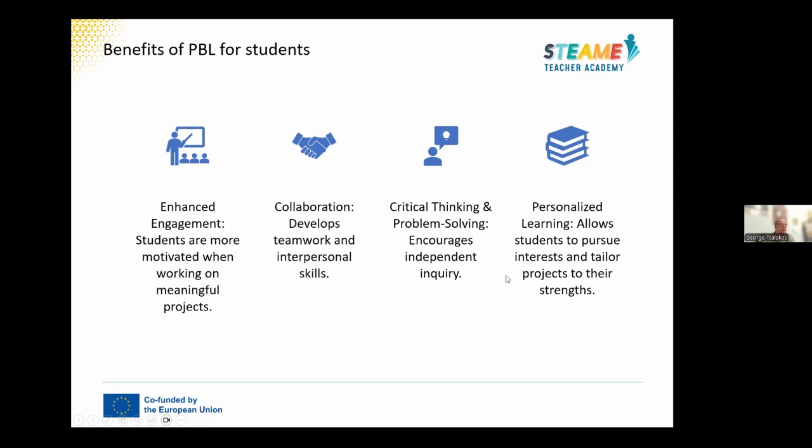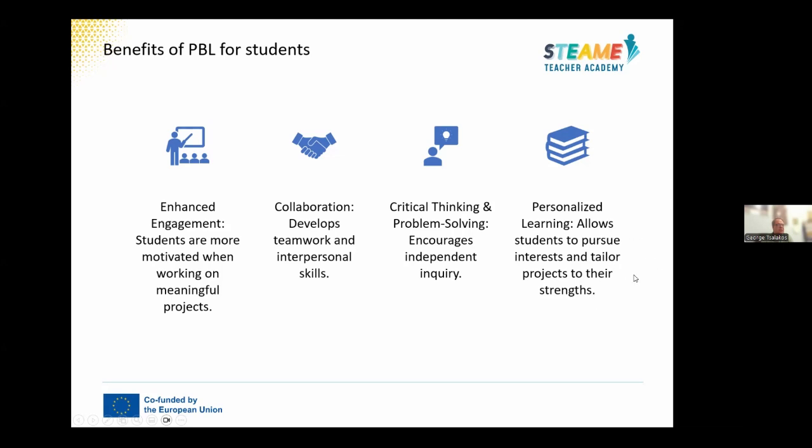We have to cultivate critical thinking and problem solving, and this encourages independent inquiry. These skills, critical thinking and problem solving, are something that our students will apply to their lives, to the problems that appear in their lives, which may be irrelevant to our subject, but are very important to their lives.